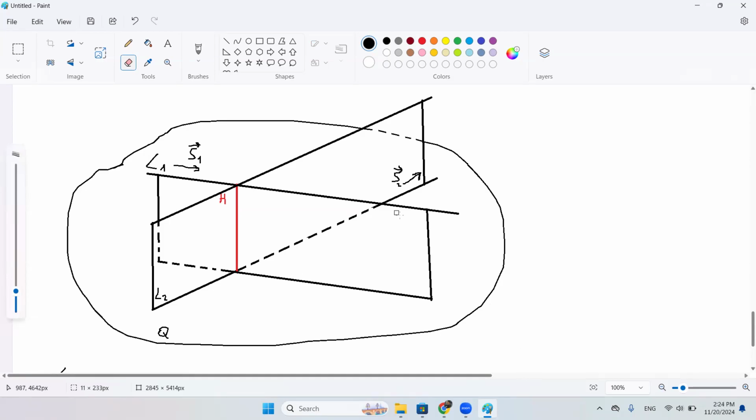Okay, I just want to believe that this figure is understandable. So here is the plane P1, and this is the plane P2.